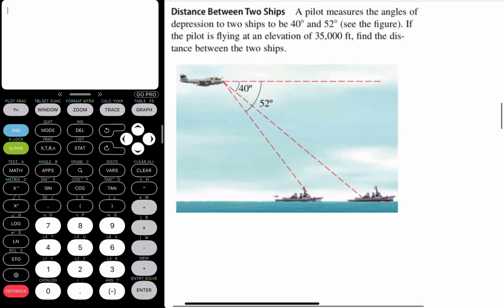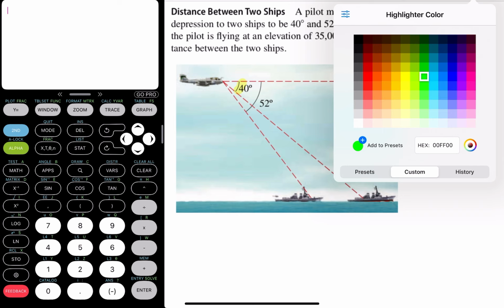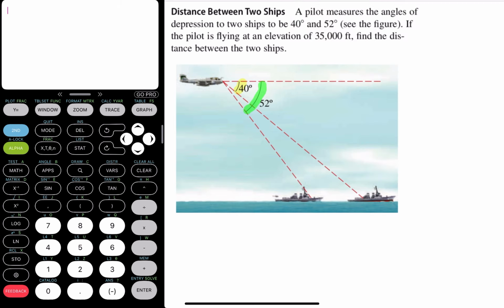So now, distance between two ships. Pilot measures the angle of depression to two ships to be 40 degrees. So here's the 40 degrees. And then the other one is 52 degrees. So I'll make this one green. Here's the 52 degrees.